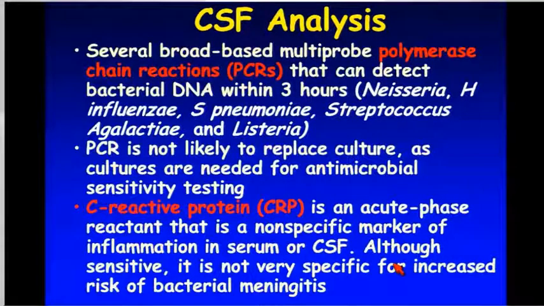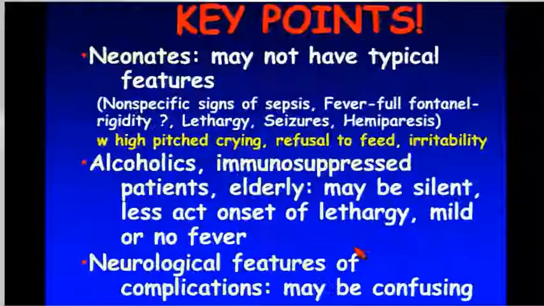We'll skip over the CSF analysis, except to say that these days a number of PCR tests have been developed for things beyond herpes simplex virus. You can see some of them listed here. And there are other acute phase reactant tests that you can do as well.